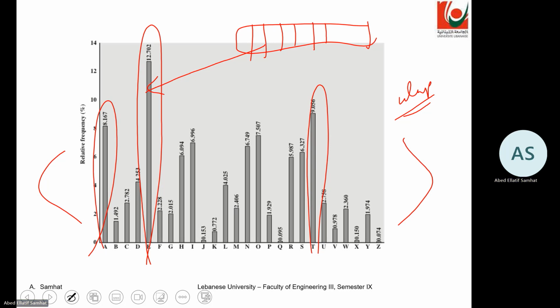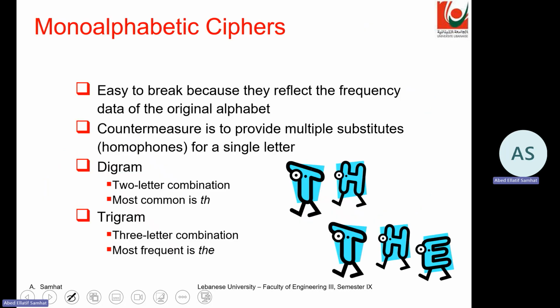Okay. So let's see together a cipher where we try to avoid the frequency data, because we said that if you are using one letter substitution, it's possible, based on the relative frequency of letters in the alphabet, to detect the plaintext or to try to make an attack.